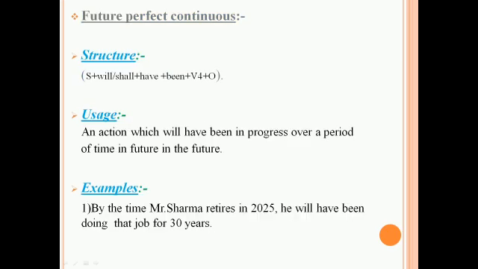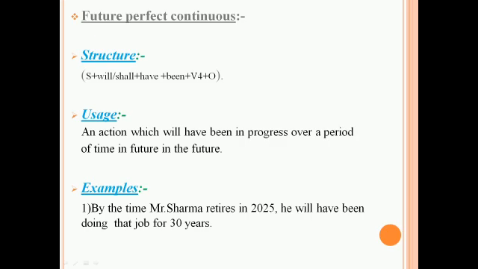Future perfect continuous tense. Structure of future perfect continuous tense is subject plus will or shall plus have plus been plus V4 plus object. We use future perfect continuous tense to express an action which will have been in progress over a period of time in future.